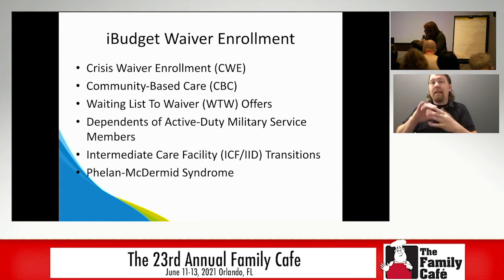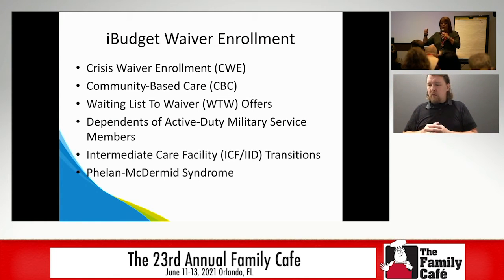So this is how someone can enroll on the waiver. Right now, we mentioned that the crisis waiver enrollment process, that's the waiting list priority category one. Thank you, yes. So if you meet the priority category 1 and you're in crisis, you can go on the waiver.